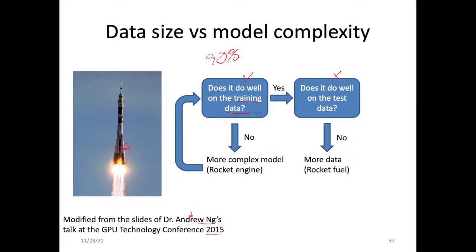Andrew Ng suggested that you should collect more labeled data as your training data, because more training data would also help prevent overfitting. So if you can collect more data as the training data, you should collect more data and go back to the first loop here.